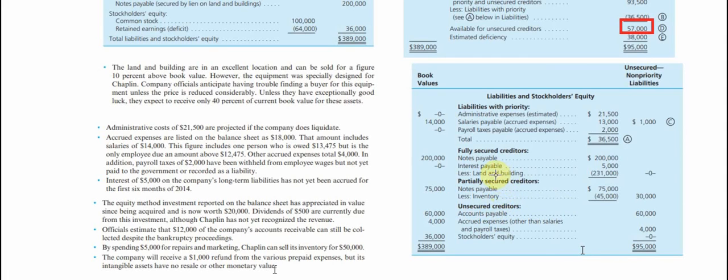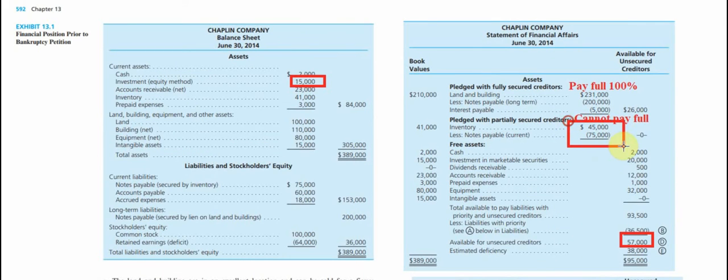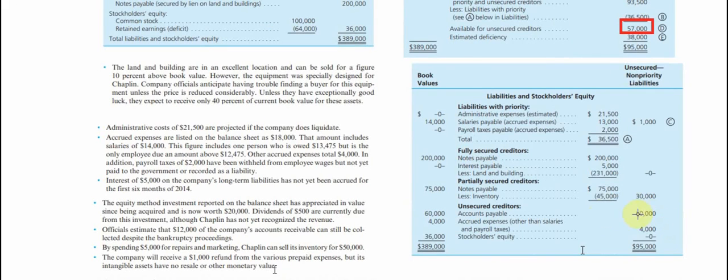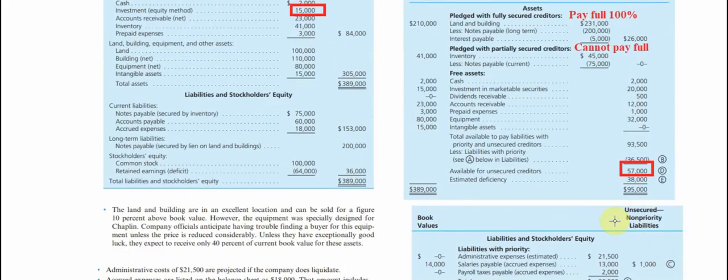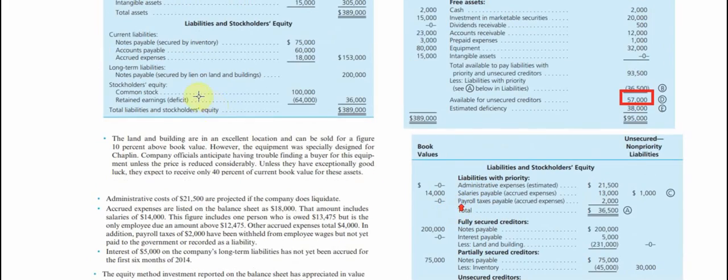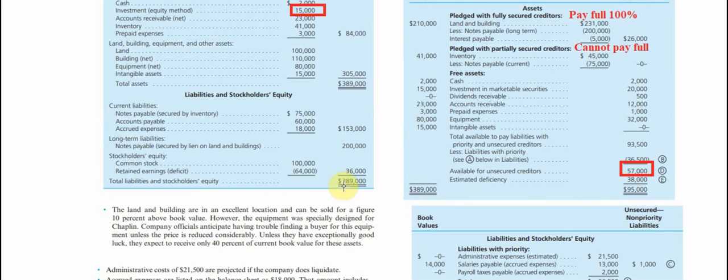It means they don't have enough money from inventory to pay the notes payable. That's why we put the similar, but they just reverse the number. So we have left the accounts payable in here.